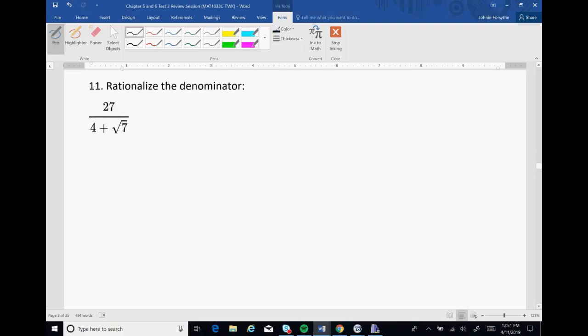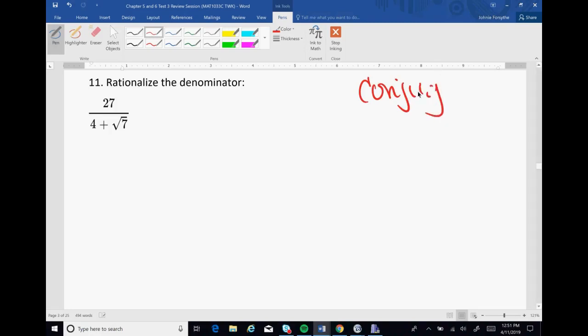For number 11, let's talk about rationalizing the denominator. We have a square root in the denominator, and you don't want to leave a problem like that. So what you're going to do is what's called rationalizing the denominator. In order to do that, we take the denominator and multiply the top and bottom by the conjugate.